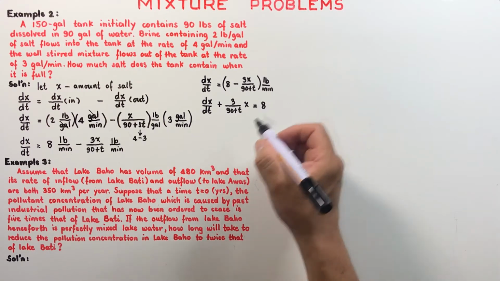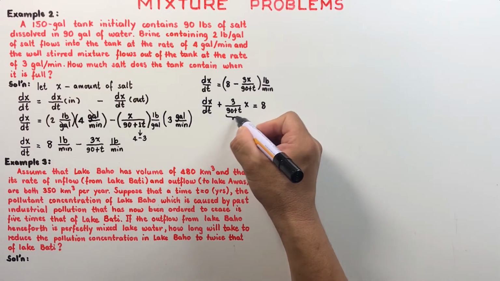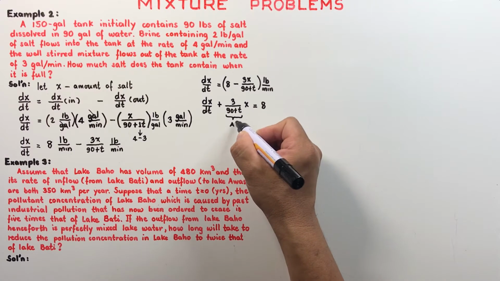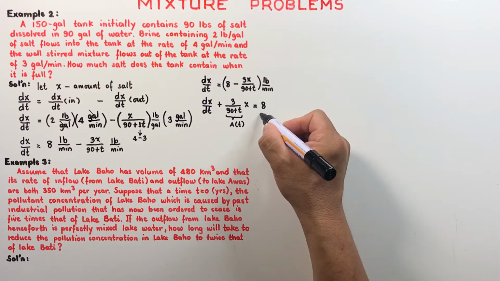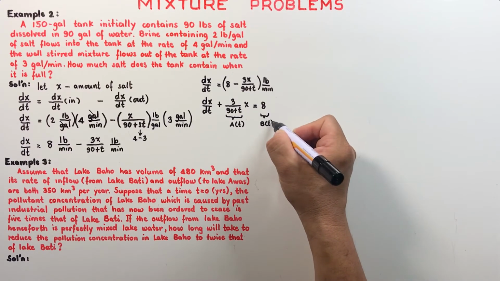This fraction is our a(t), and the expression on the right-hand side of the equation is our b(t).